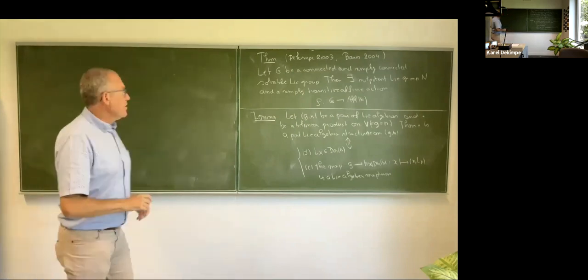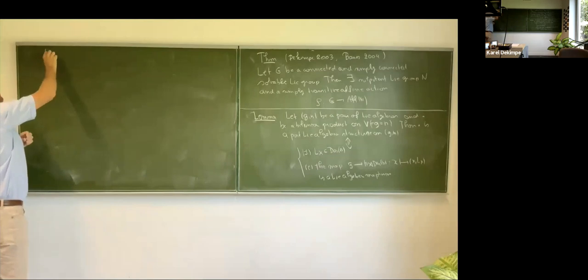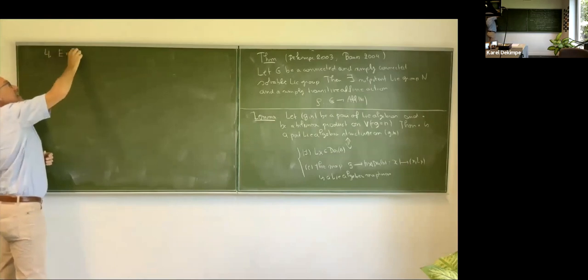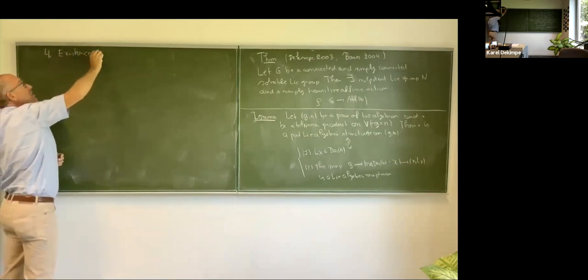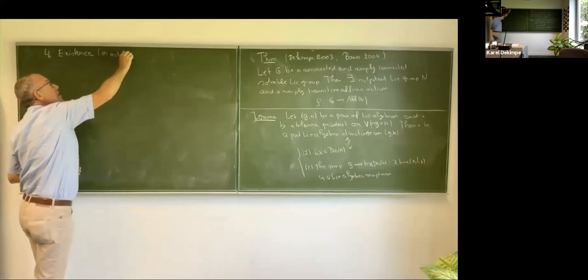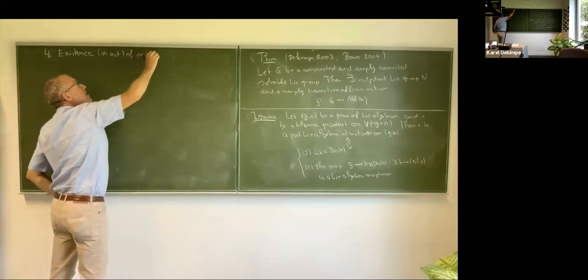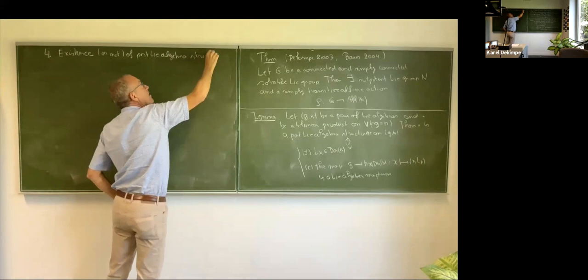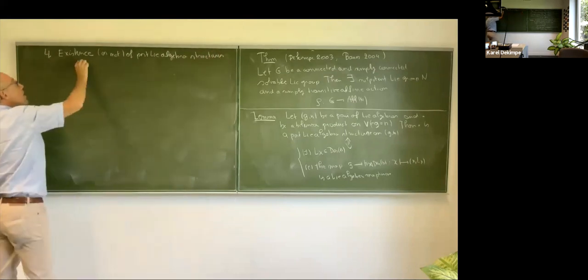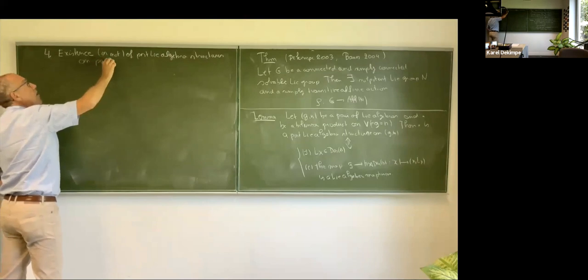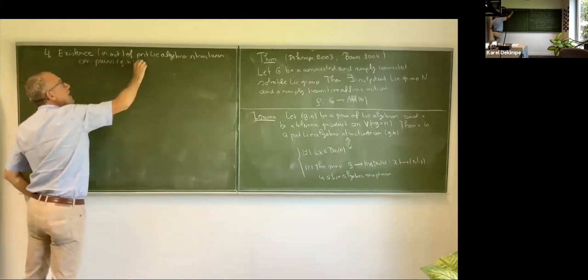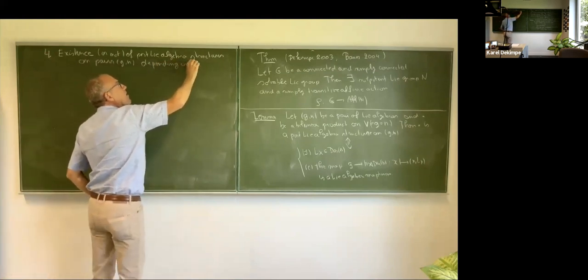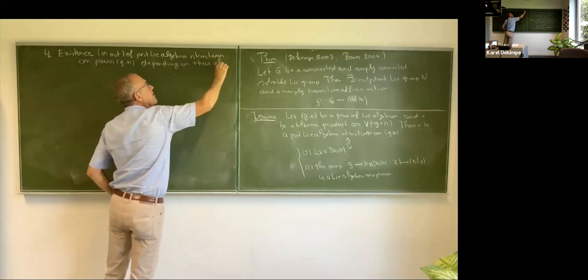And so, as the fourth part of my course, I will talk about the existence or not of post-Lie algebra structures on pairs (g, n), and this depending on their algebraic properties.